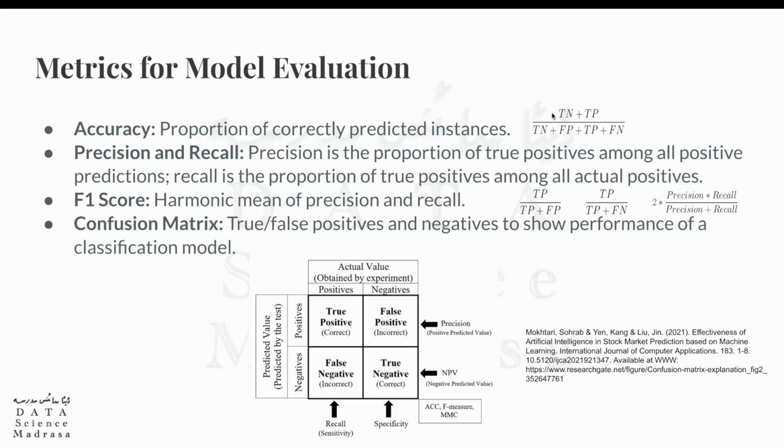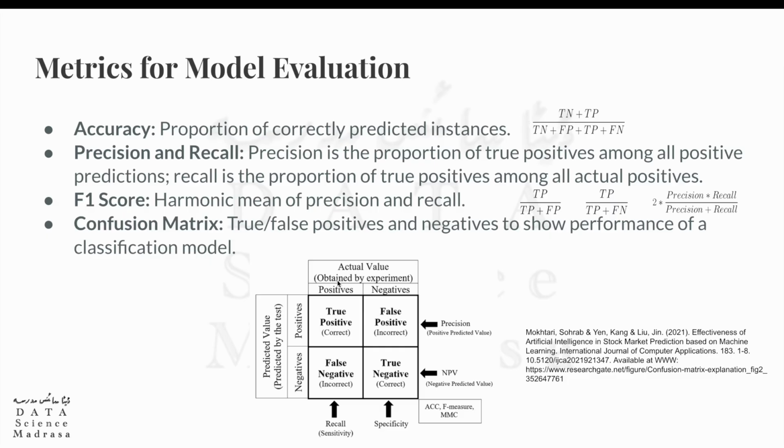What are these terms? Let's pause here and look at the confusion matrix below to understand. Confusion matrix is this 2 by 2 matrix with true and false positives and negatives to show performance of a classification model. So essentially, let's say that we have actual values at the top in columns, so actual positives and actual negatives, and then predicted values, positives and negatives, in rows.